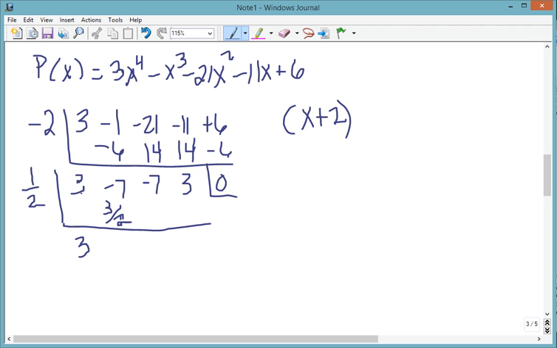Negative 14 and 3 would be negative 11 halves. 1/2 times negative 11 halves is negative 11 fourths. If I get a common denominator, that negative 7 would be 28 fourths. So that would be 39 fourths.